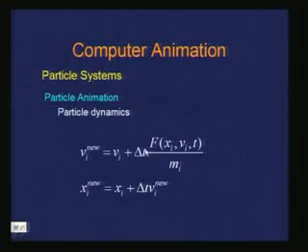When you solve this differential equation, you have this approximation, where you compute the new velocity from the old velocity at the time interval delta t.